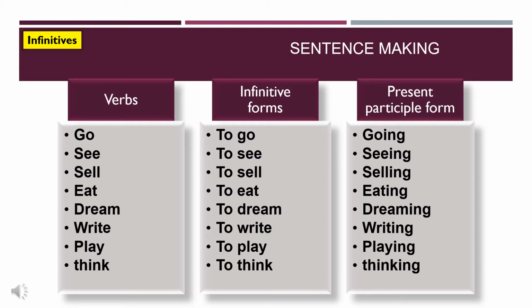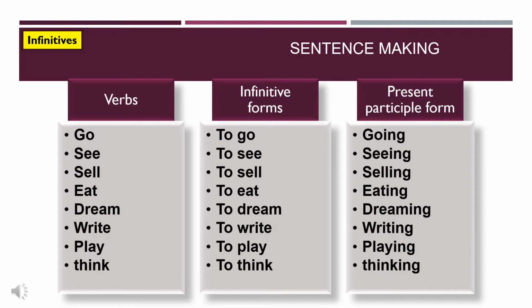Likewise, sell is a verb. To sell is an infinitive. Similarly, to eat, to dream, to write, to play, to think, these are all infinitives. So, just take any verb and add a "to" before that verb and you will get an infinitive.